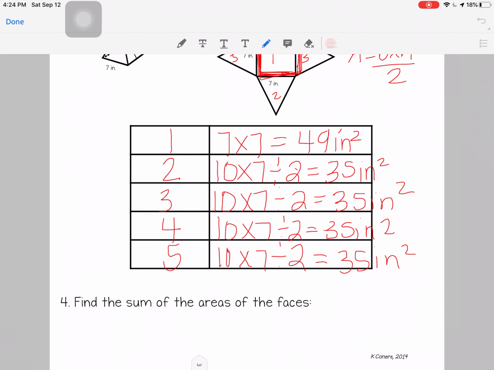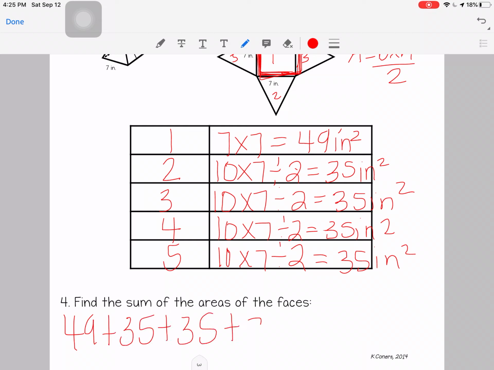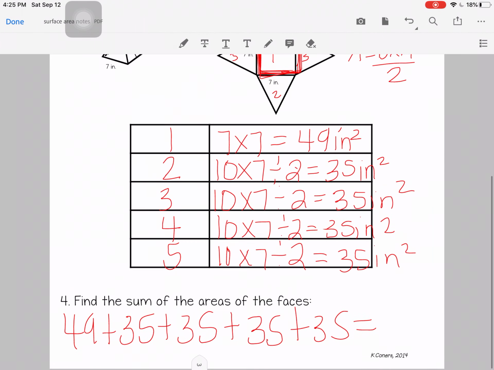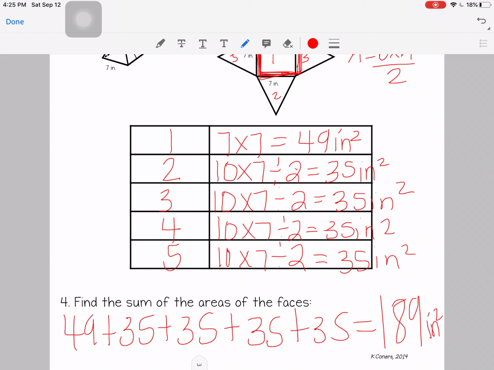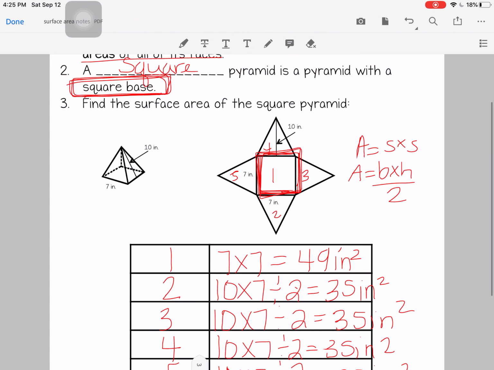So 49 plus 35 plus 35 plus 35 plus 35. 1, 2, 3, 4, 5 faces represented. And it equals 189 inches squared.